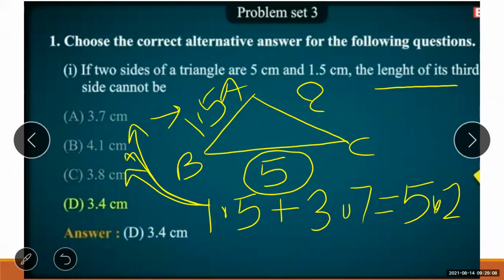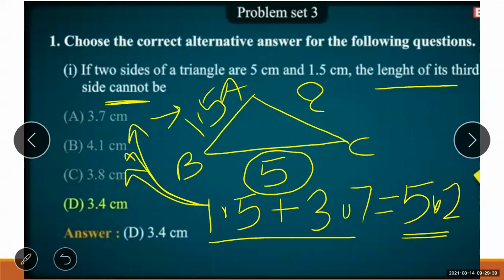Yes. As we know, the sum of two sides is greater than 5, so this option A cannot be the answer. It follows the rule, the sum of two sides is greater than 5, so not possible.